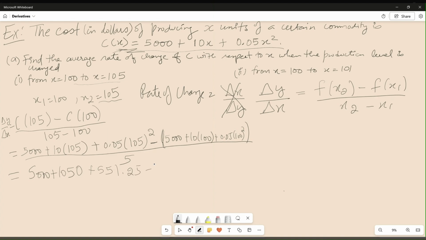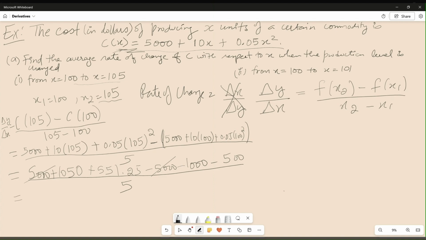Now this is minus 5000. This is again minus 10 times 100, which is 1000, and minus 0.05 multiplied by 100 squared, which is 500, all divided by 5. The 5000s cancel each other out.